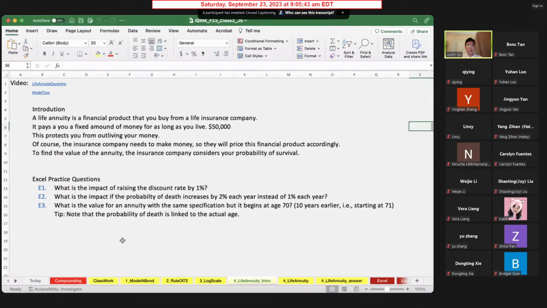So in the class file 2, we covered compounding and how to model a bond, rule of 72, and log scale. So today we're going to start from the life annuity part. Just for your information, at the top part of the Excel sheet, there's a link to the video files.